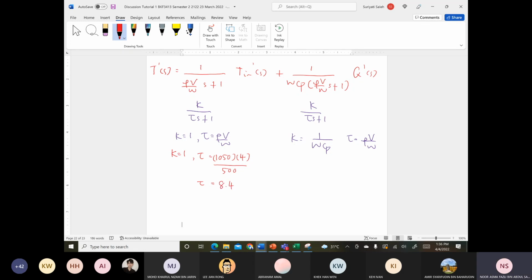Alright. So for the first transfer function, the K equals 1 and the tau is equal to 8.4.